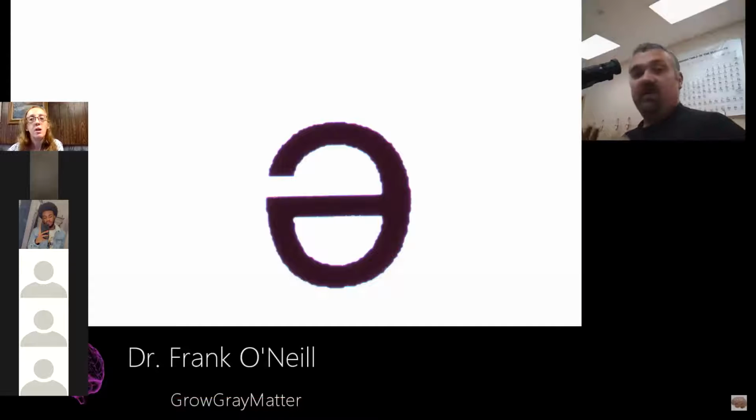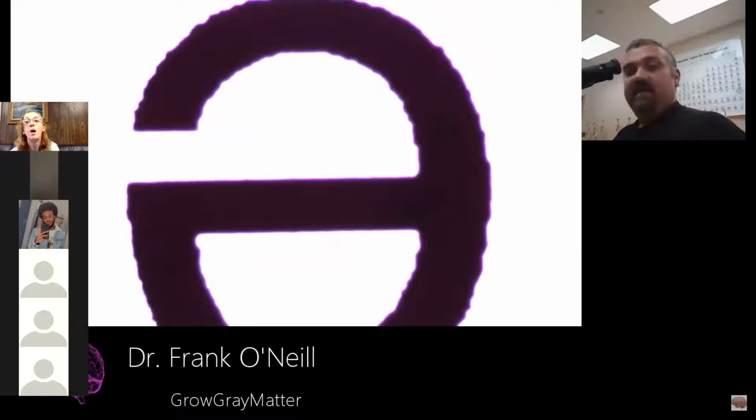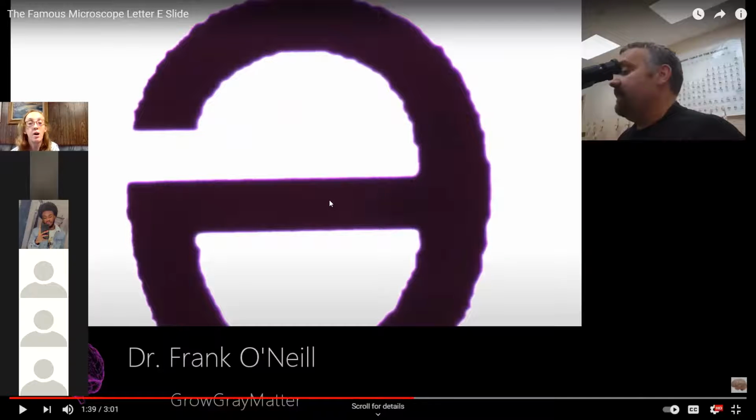So this large circle on the edge, the entire circle I'm looking at, is the field of view. Right now I'm using the scanning power, which is the 4x objective, for a total magnification of 40 on this microscope. As I then jump to the low power, as you can see here, I'll get it tweaked a little bit and moved, but you can barely see the entire letter E here.